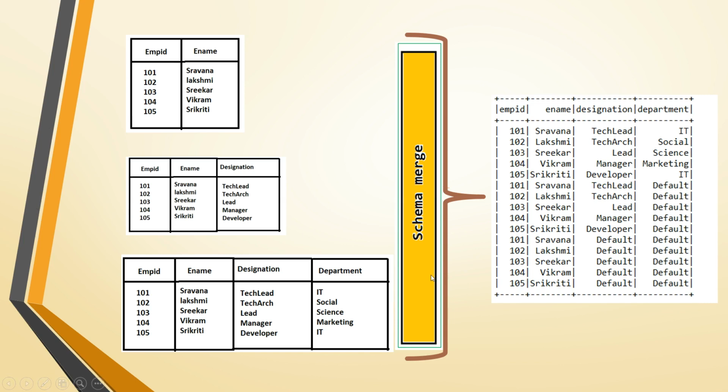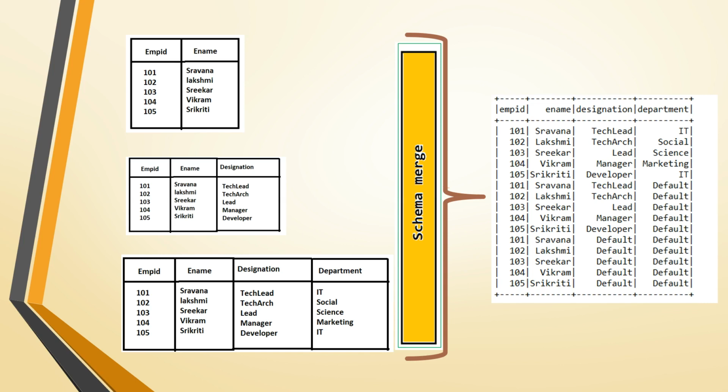For such cases you may need to merge the schema to have all 4 columns together, and we shouldn't lose any single column. We need each and every row, each and every minute detail of data so that we can analyze it further.